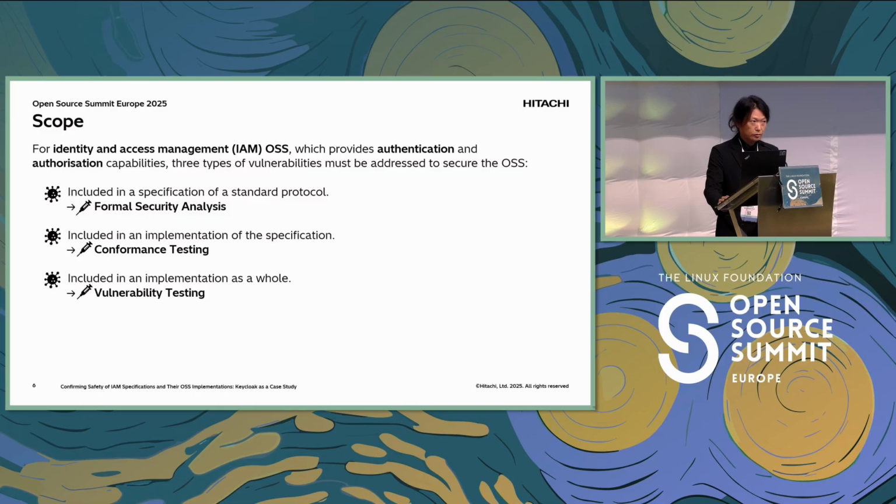And of course, honestly speaking, to make our IAM OSS secure, we need to consider other points, for example, supply chain security and so on. But in this talk, I'd like to focus on the following vulnerabilities.